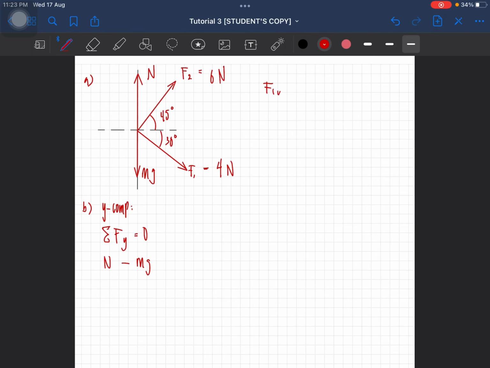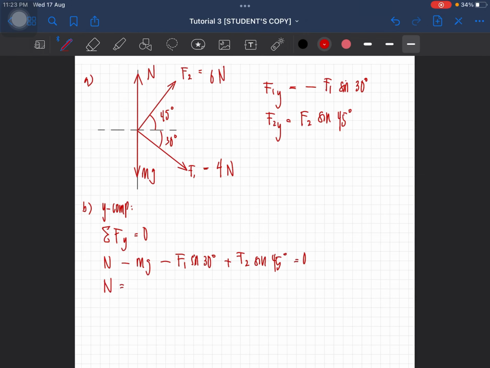So since F1 is pointing down, it will be negative F1 sine 30 degree. And then F2 Y component is pointing up, so it is positive F2 sine 45 degree. Okay, so the sum is minus F1 sine 30 degree plus F2 sine 45 degree equal to 0.